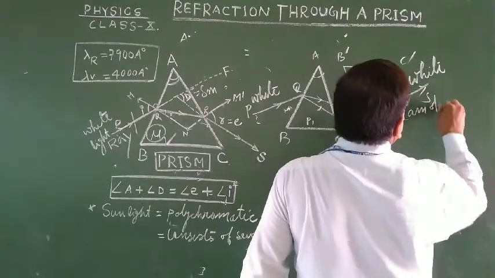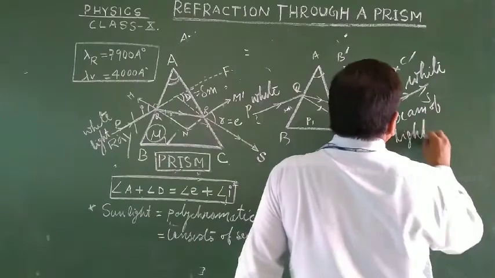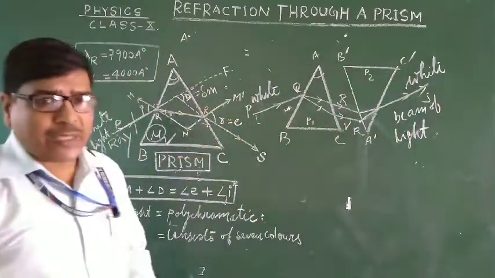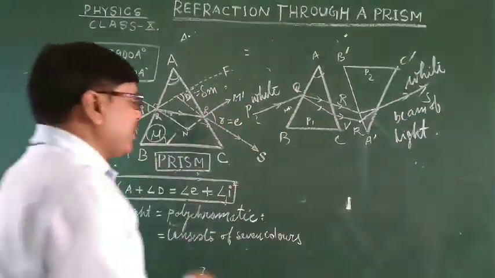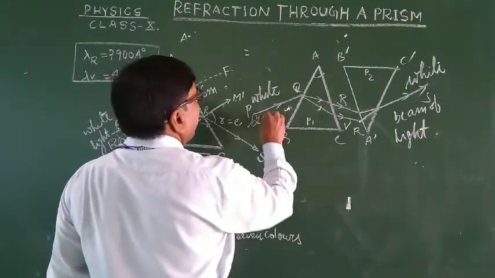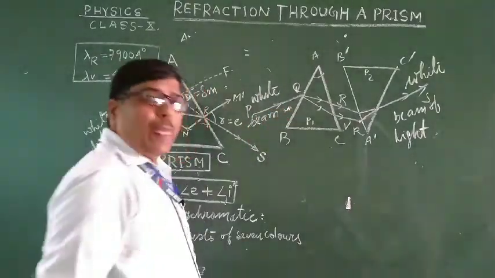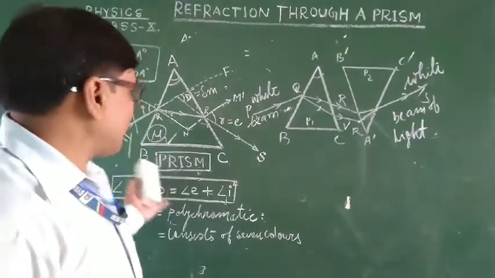So this proves that the white beam of light is made up of 7 constituent colors.